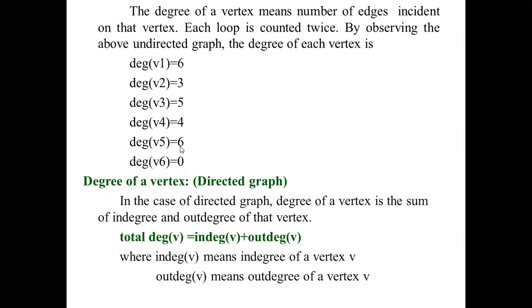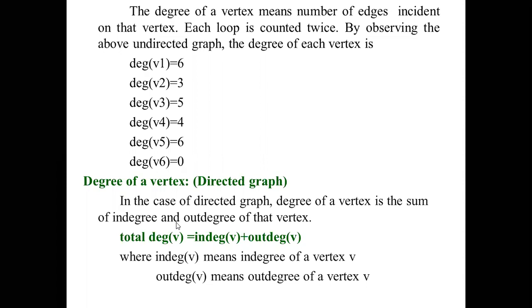Next one, degree of a vertex for a directed graph. In the case of a directed graph, the degree of a vertex is the sum of the in degree and out degree of that vertex.